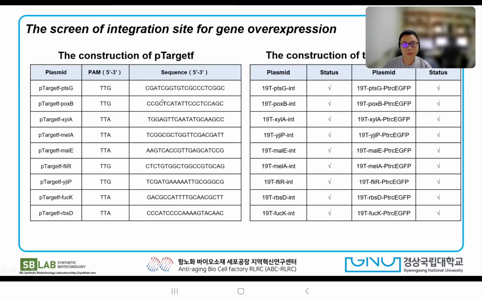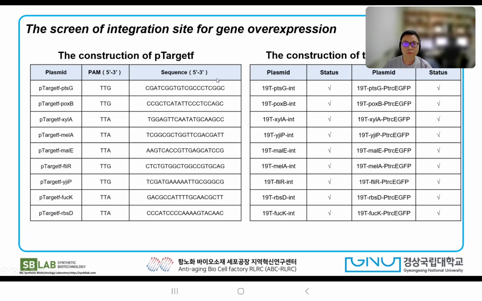Previously, using plasmids as vectors, we have produced many kinds of isoprenoids in E. coli, but the plasmid expression is not stable. It cannot be scaled up. So we want to integrate the mevalonate pathway into the genome.